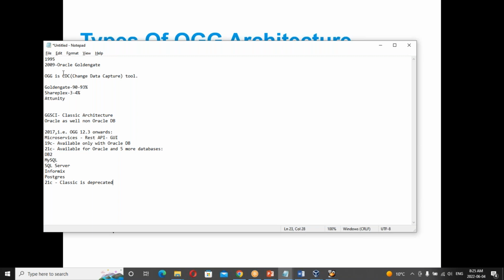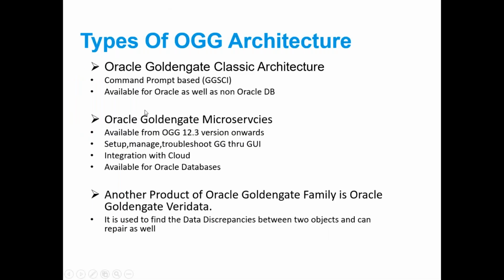Microservices is the future of GoldenGate, but still classic architecture, as I told, is the dominant player in the market, and microservices is a newbie. It will take some time, but definitely after 2-3 years you should see microservices being used more than it is being used now.